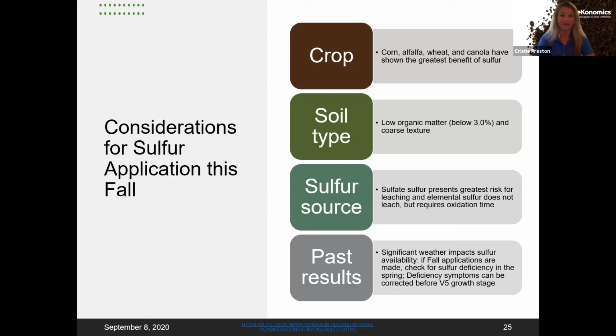Am I applying enough? Am I applying these products, if they are specialty products, so that I'm maximizing their results? Like, I'm not setting the product up for failure. I'm making sure that I've got the right soil type. I'm fertilizing my crop whenever it needs it most. I'm using the right source. These are all questions that we can take a step back and look at.